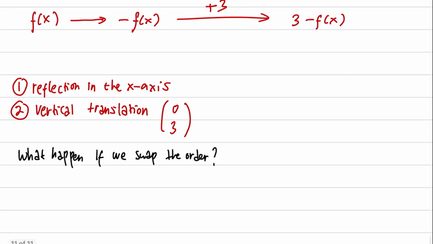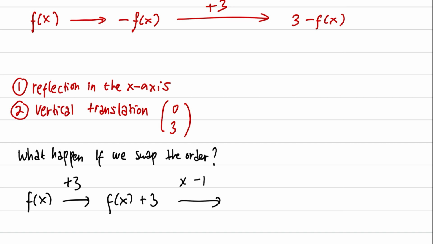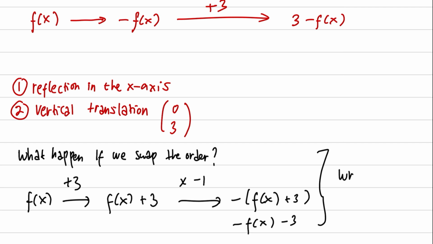If we do vertical translation first, so this is my f(x), and then we do vertical translation, it will become f(x) plus 3, and then we multiply the whole thing by minus 1, you will get minus f(x) minus 3. As you can see, it's different, so this is wrong. This is not the answer. So our answer is this one.